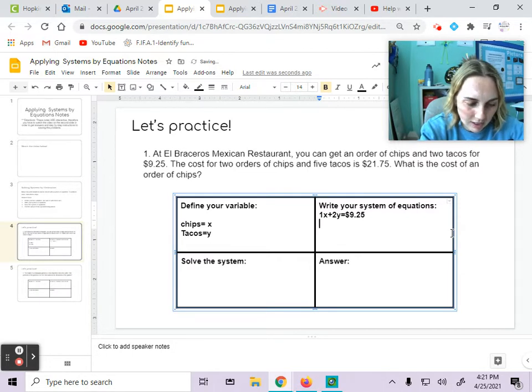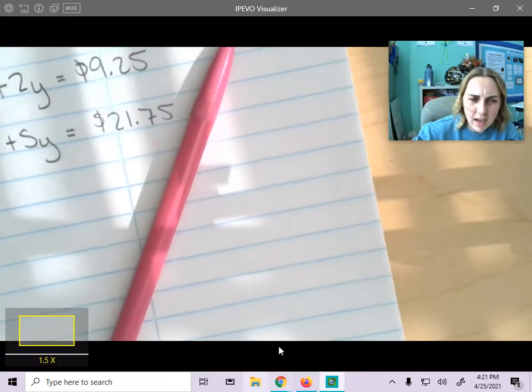And then the second equation is 2x plus 5y is equal to 21.75.